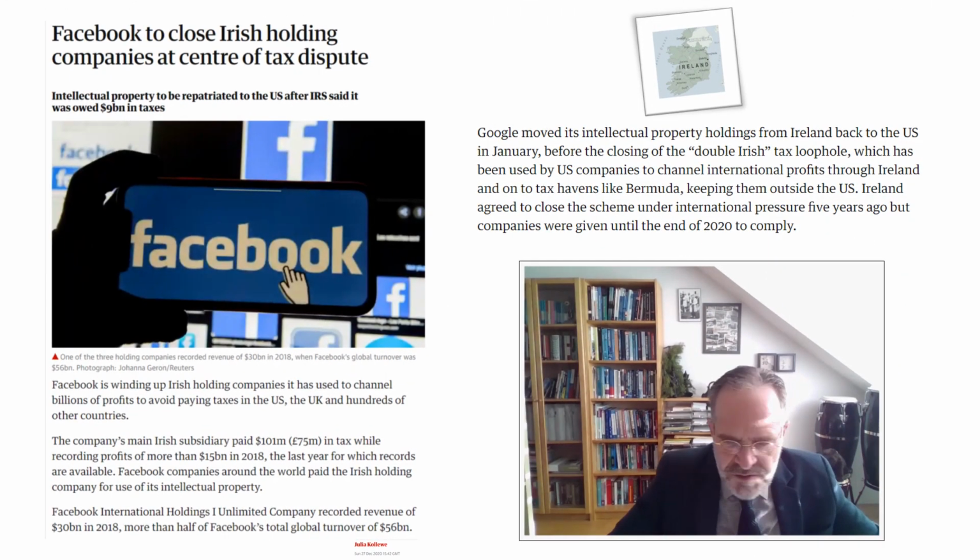We mentioned the Netherlands, but Ireland also had an attractive tax system, and here we see an article about Facebook. Facebook was channeling all its revenues, or at least the majority of it, from all over the world to an Irish holding company, and from there it went to tax havens like Bermuda, and as such Facebook could avoid having to pay corporate tax in the US.